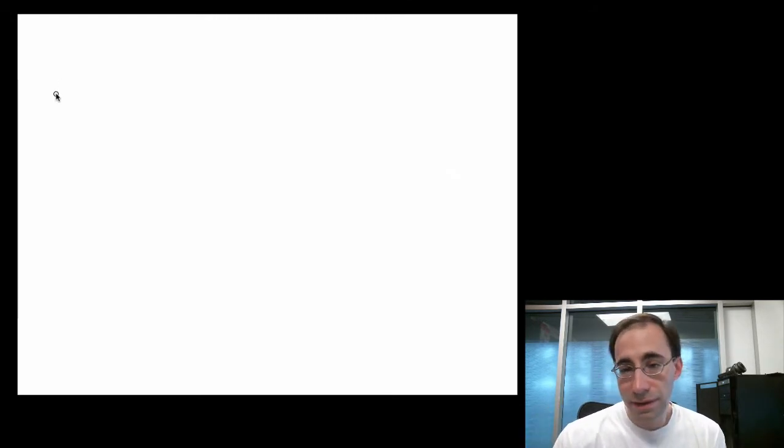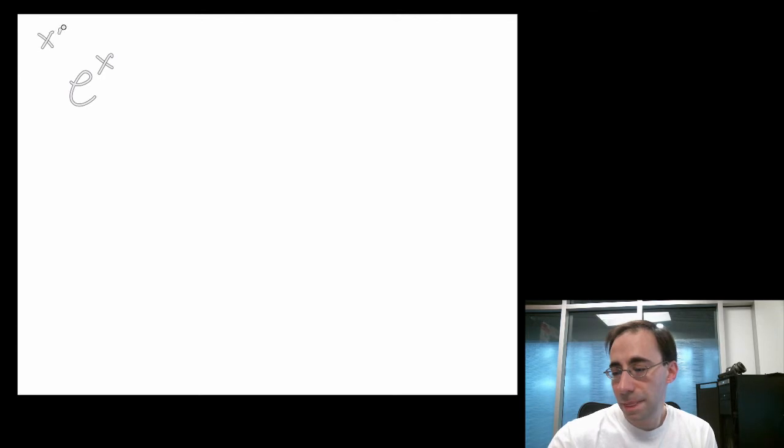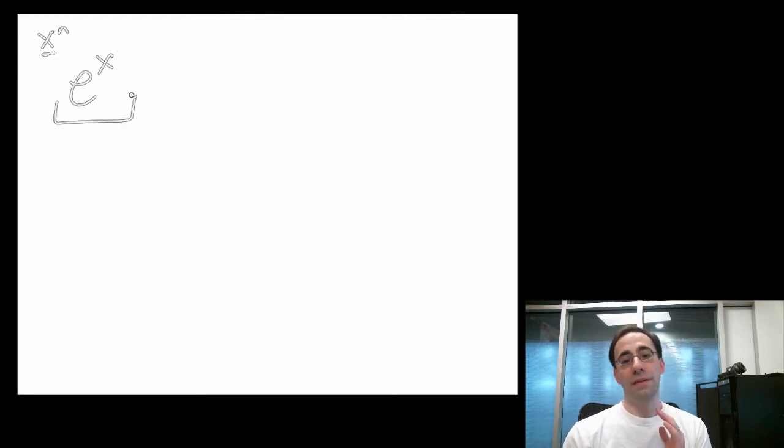Okay. Moving on to a couple more. Exponentiation is also common, we saw, but the actual exponential function is e to the x. Now this is different from x to the n. In x to the n, the variable was down here, and you were raising the variable to a set constant power. Over here, the variable is actually in the exponent.